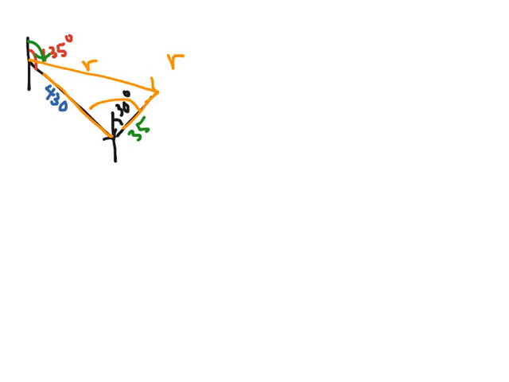So R is going to be equal to 430 squared plus 35 squared minus 2 times 430 times 35 times the cosine of the angle between. So if we go back and look at our given information, our original bearing was 135 degrees, which means that this angle would have to be 45 degrees.